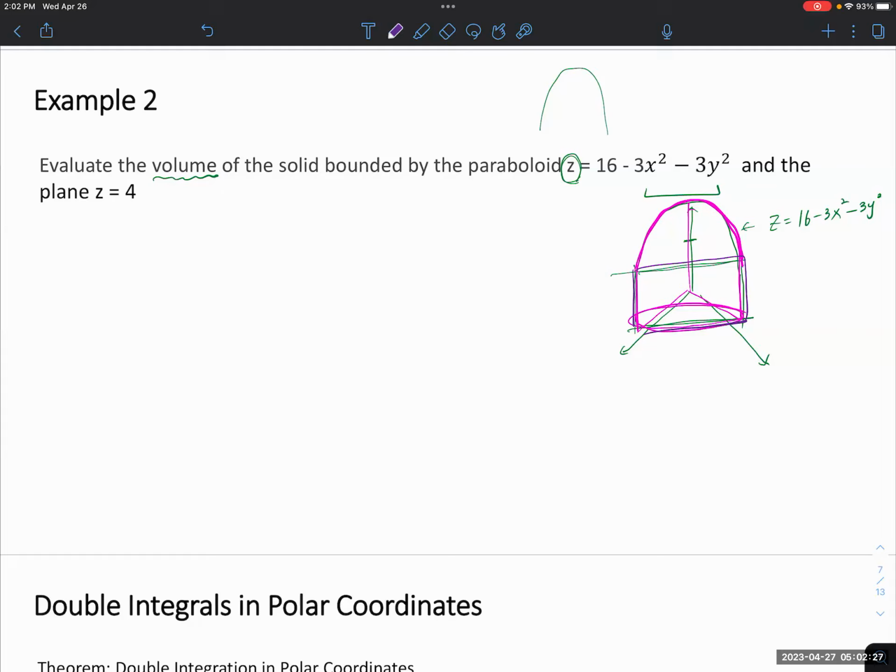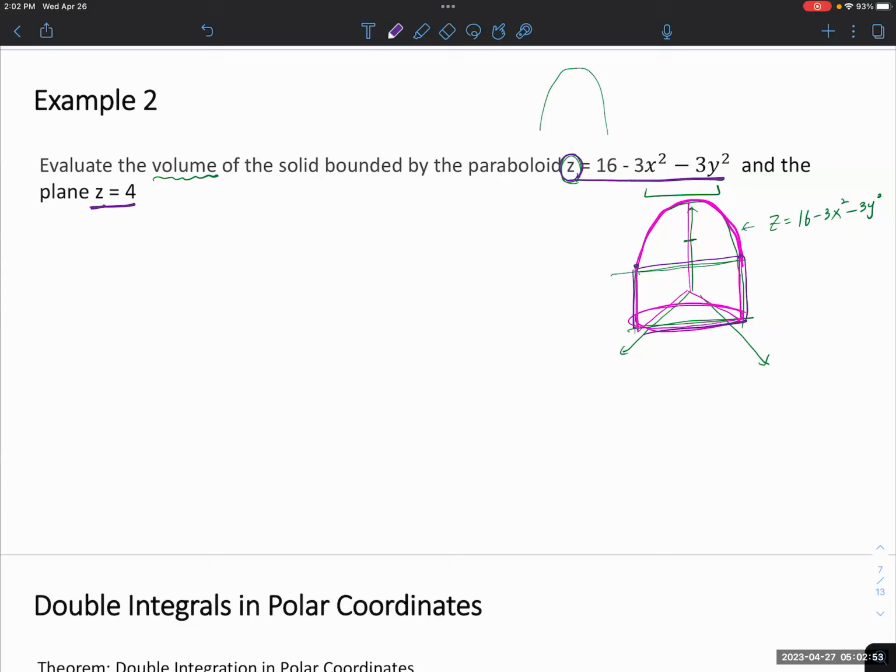So z equal to 16 minus 3x squared minus 3y squared, and z equal to 4. Both of them are z equations, which means they are going to intersect at some point. I don't know exactly where, but both are equal to z, so you can find the intersection. Do you remember that? Yes. So this paraboloid and this plane intersect at some point.